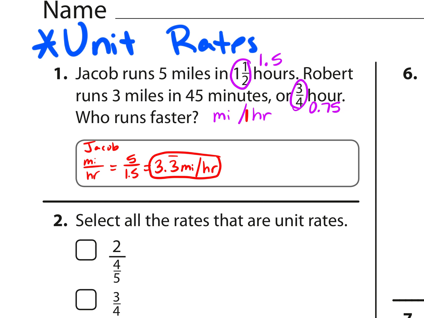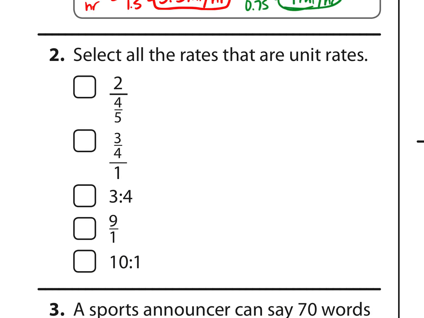Now let's find Robert. Robert in miles per hour is running 3 miles in 0.75 or 3/4 of an hour. And when we say 3 divided by 0.75, we get 4 miles per hour. So who's running faster? The one that covers more miles? Robert.